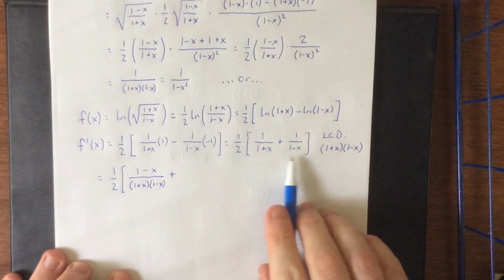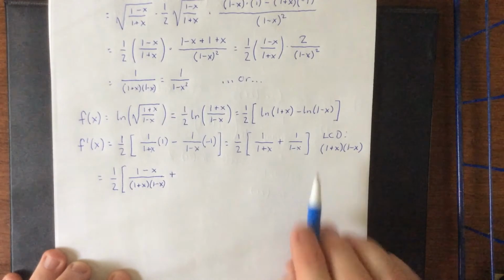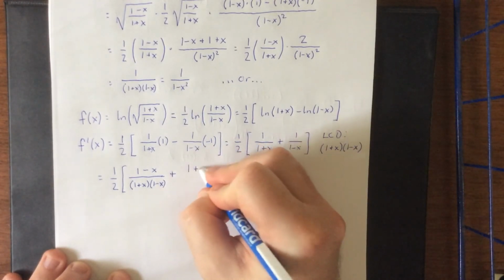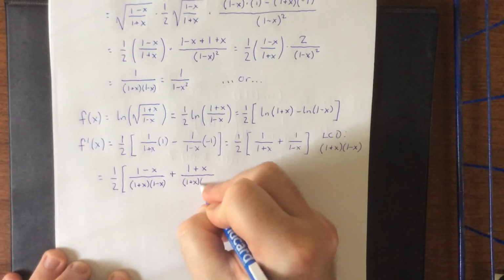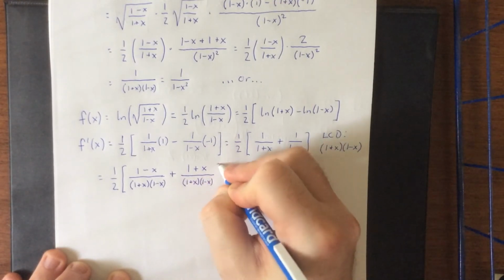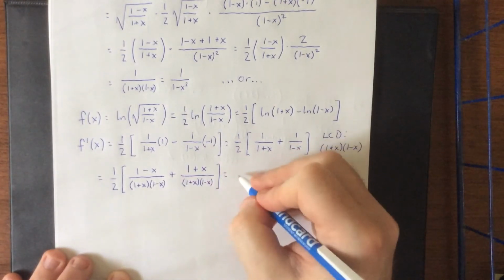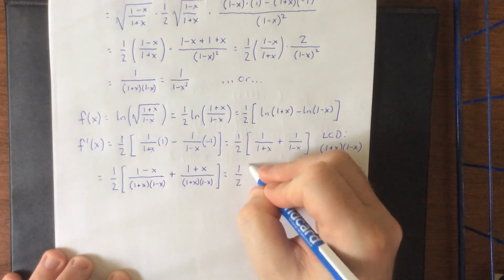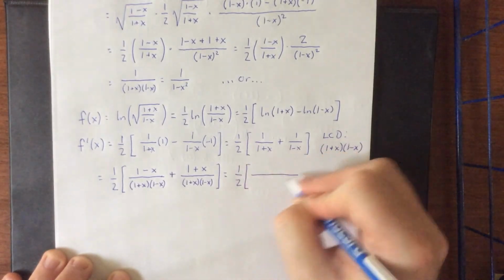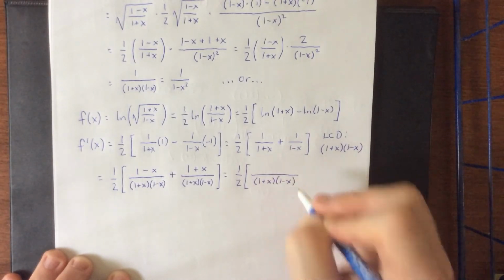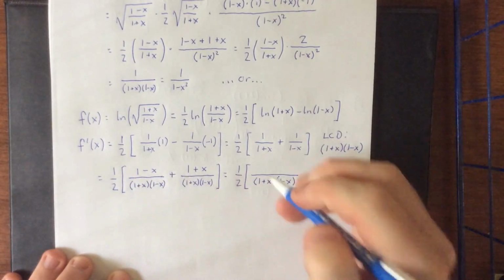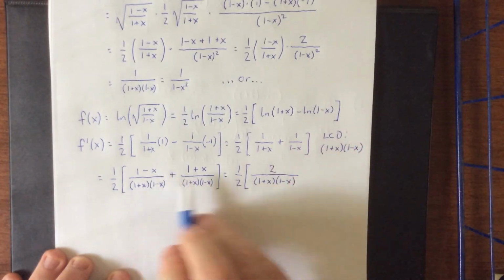The second fraction already has a 1 minus x. It still needs a 1 plus x, so I'm going to multiply top and bottom by 1 plus x. Once we have that same common denominator for both fractions, we can combine the numerators into one single fraction. So denominator is still 1 plus x times 1 minus x. We'll have a 1 plus 1 and negative x plus x.